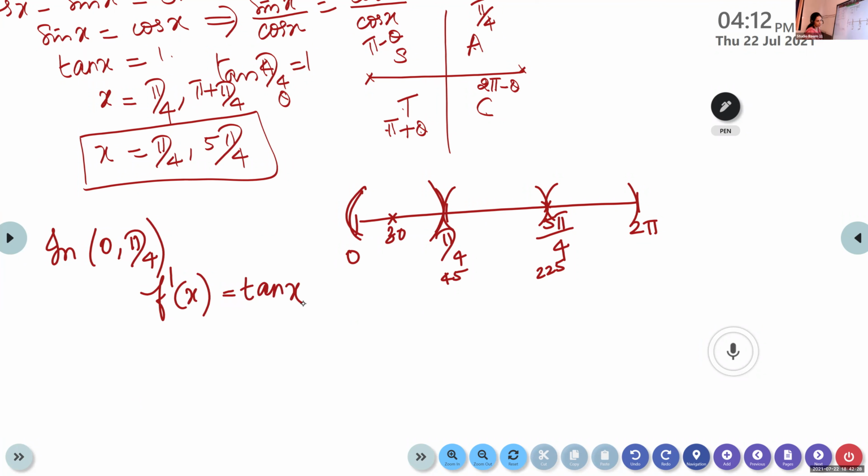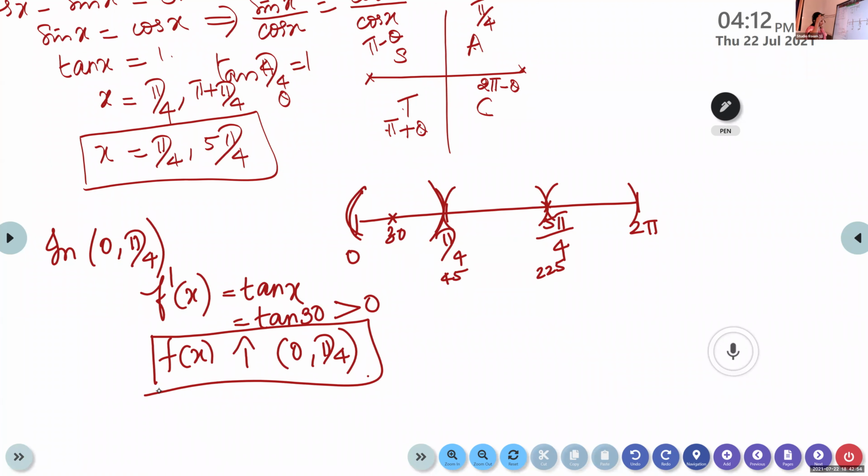Easily we can calculate. So what is tan 30? Positive, isn't it? Yes, ma'am. So we can say f of x is increasing in the interval 0 to pi by 4.